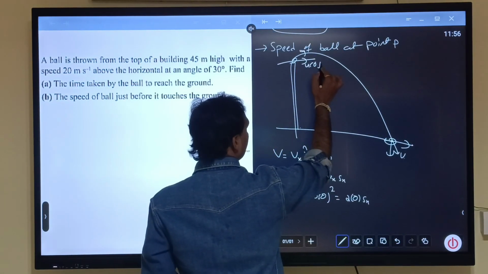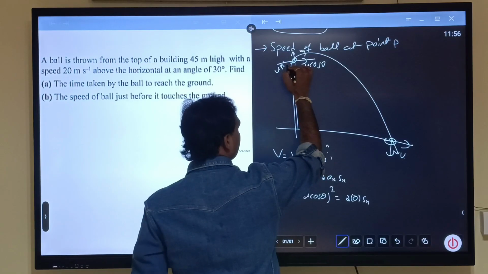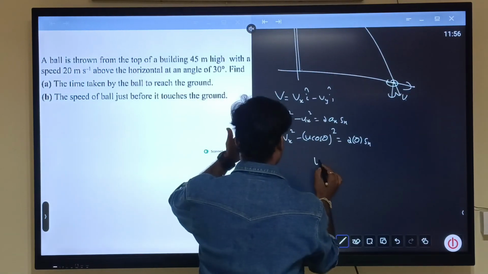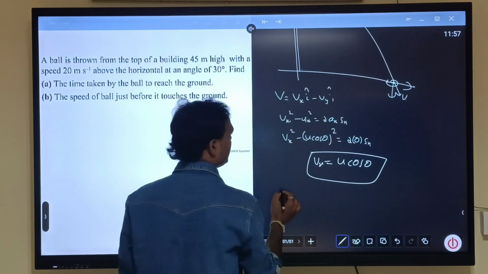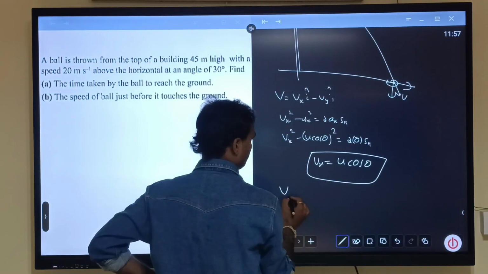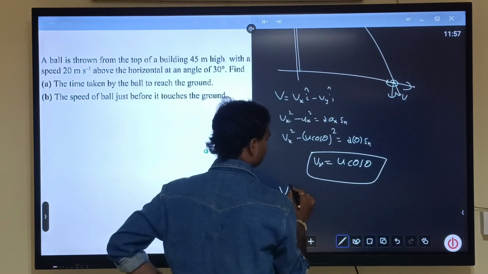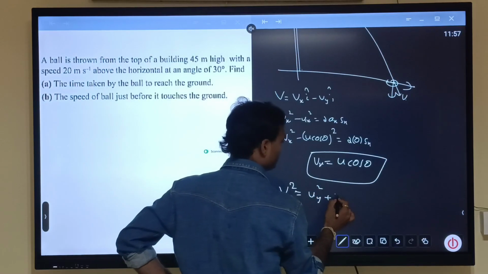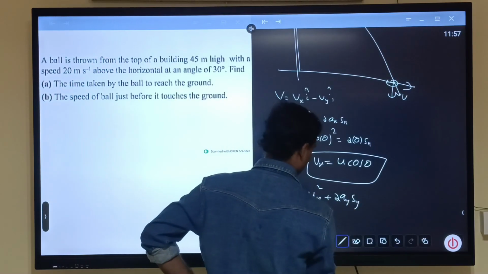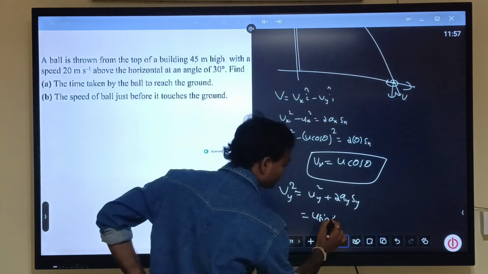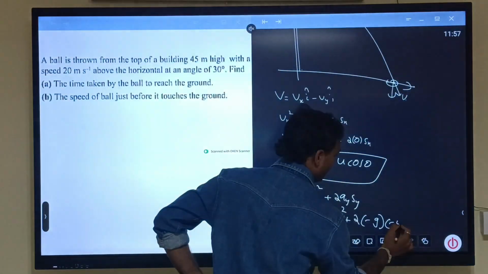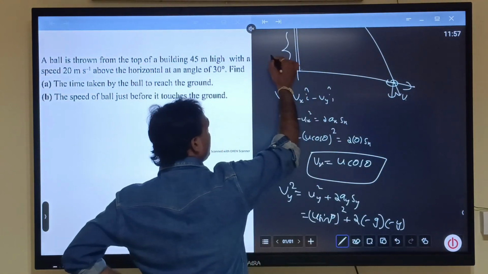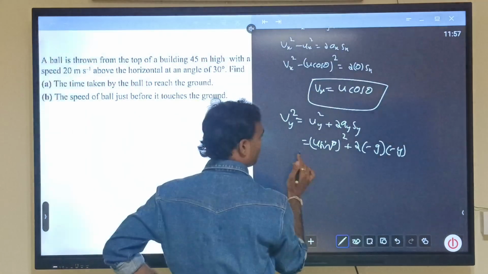Then Vx equals u cos theta. Similarly, Vy square equals uy square plus 2ay sy, which is u sin theta whole square plus 2 into minus g into minus y. This is minus y because it is moving in the downward direction.